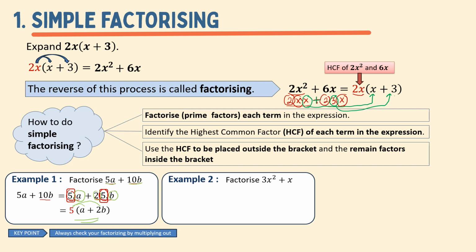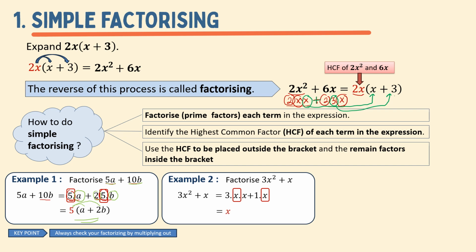Factorize 3x squared plus x. So you need to decompose 3x squared first into 3 times x times x, and then decompose x. There is a number in front of x, but it's not written, which is 1. So we can decompose x into 1 times x. And then find the common factors between them. The common factor is x. So x is the HCF.